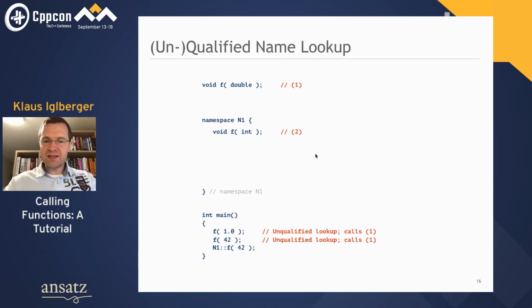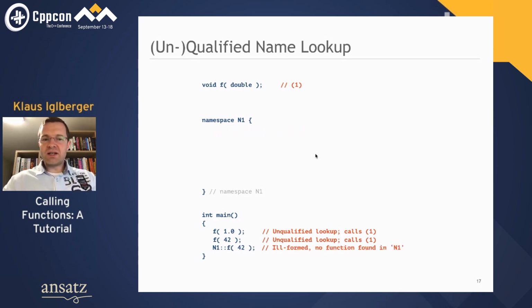I have to explicitly qualify with n1::f. This now calls function 2, and this is called qualified lookup. Qualified lookup looks for a specific function in a specific namespace, or sometimes also class scope. Unqualified lookup finds the best match from the given call site.